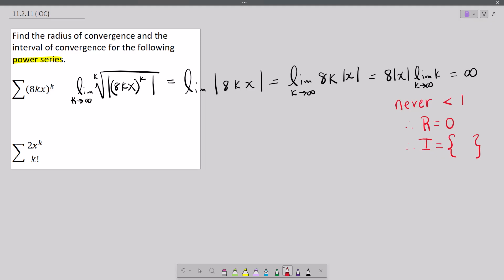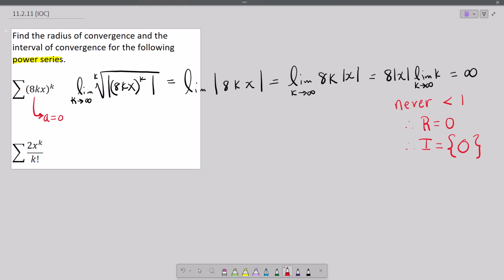0. Because that is the center of this series. Right? That series is centered at 0. It doesn't say x minus 5 to the k. It doesn't say x plus 3 to the k. So a is 0. Centered at 0.